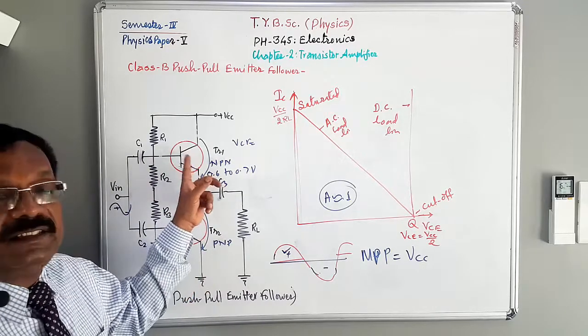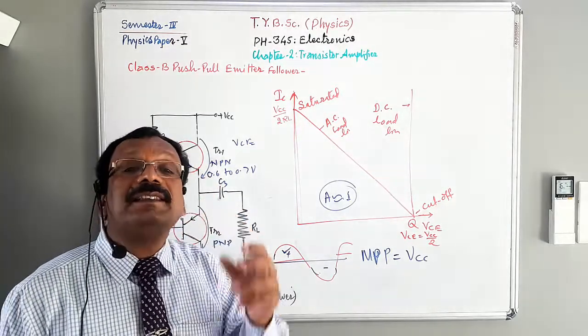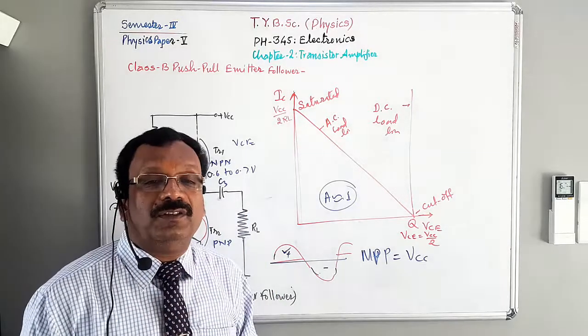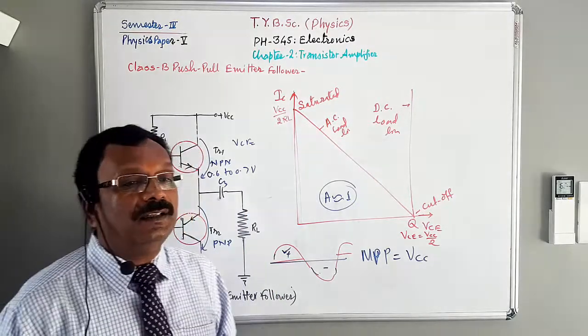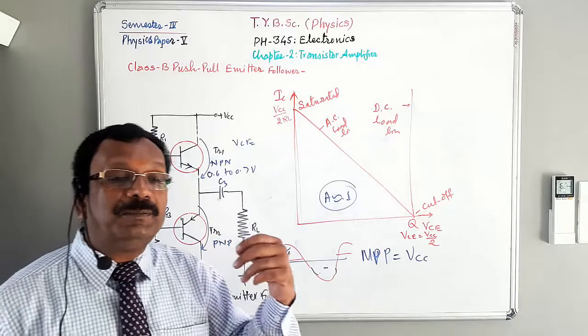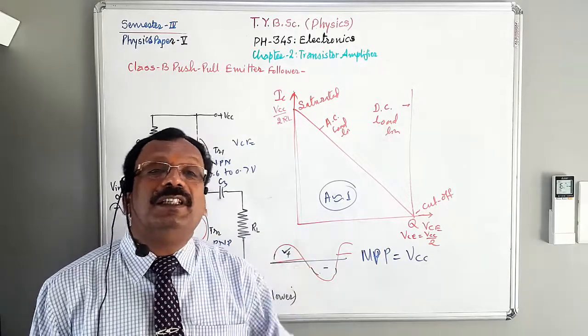The upper transistor acts like an ordinary emitter follower, so the output voltage is approximately equal to its input voltage.